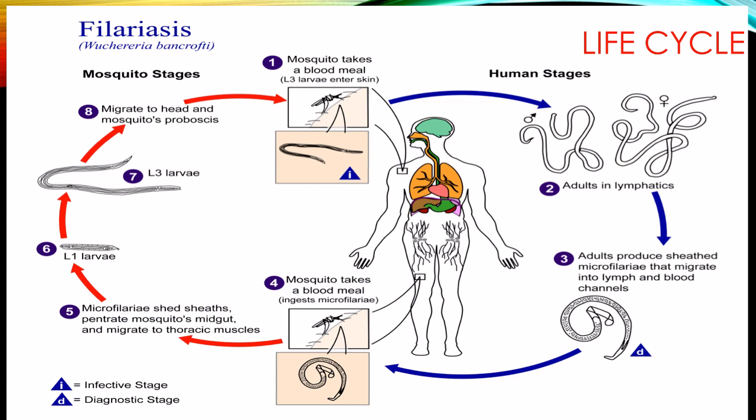Then when the mosquito bites a man, it releases the third stage larva. It at times also deposits on the skin, and these then reach the lymphatic channels and migrate to the inguinal lymph nodes, and develop into adult worms which are sexually mature.